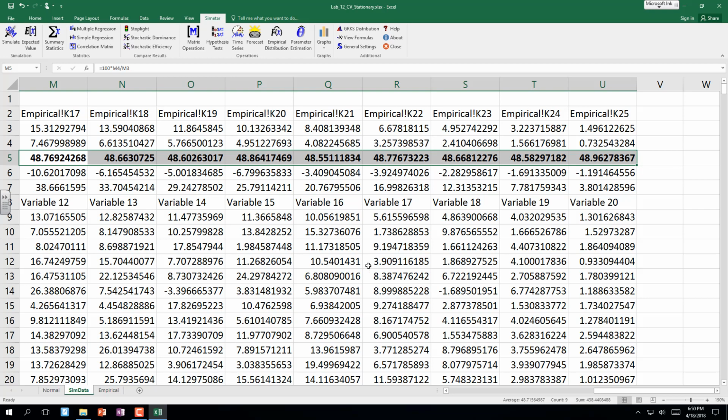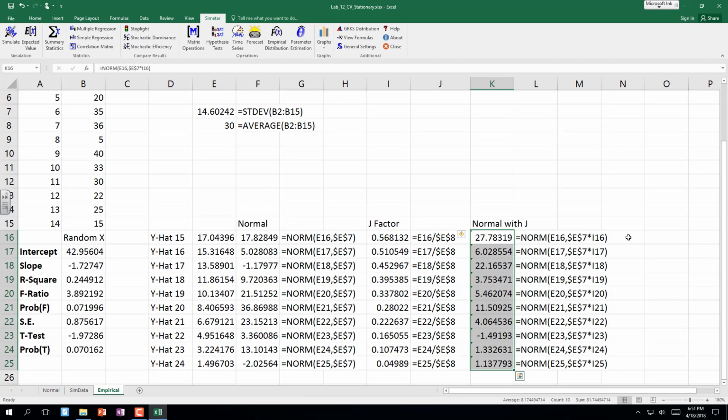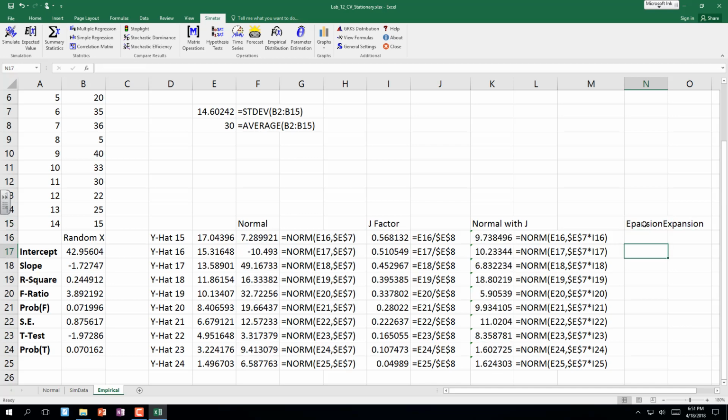Okay, now, let's do something weird to this. Let's decide that we need an expansion factor on it. So we want an expansion. That's our E function.